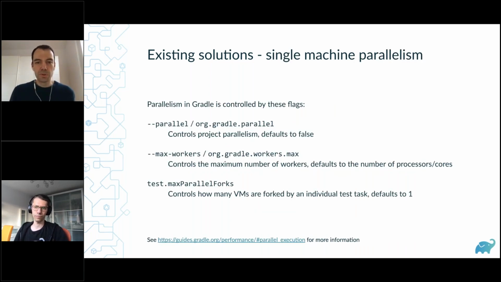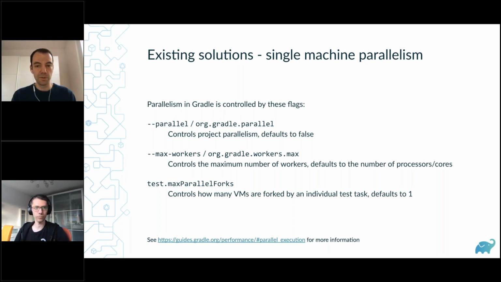Another existing solution is called single machine parallelism, and that's a built-in feature in Gradle. It's controlled by a couple of flags, so you can enable it with --parallel, project parallelism. That means that tasks in different subprojects in a multi-project build will run in parallel. By default, it's off.